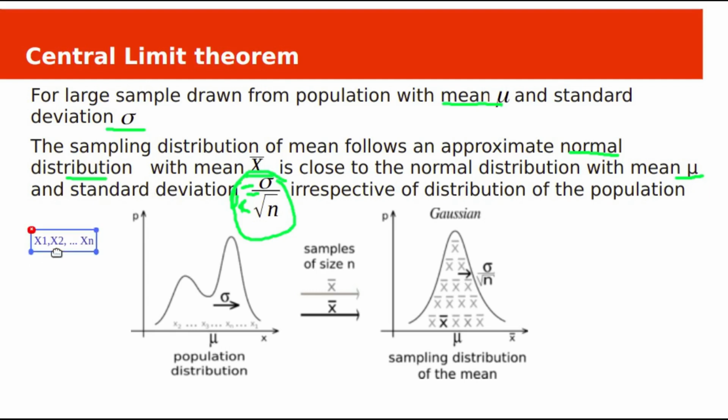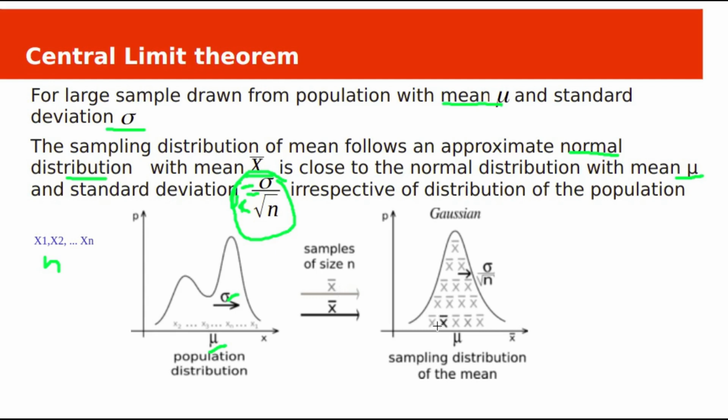If x1, x2 and xn are random samples, each of size n, taken from a population with mean mu and standard deviation sigma, and we plot the distribution of means of several such samples of size n, the sampling distribution tends to a Gaussian distribution.